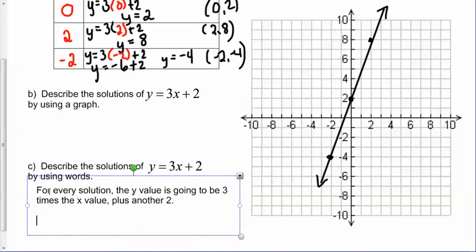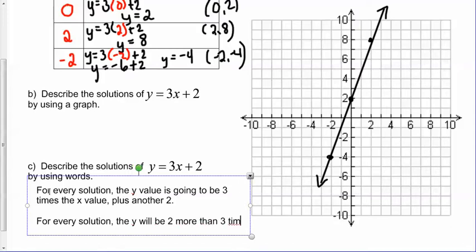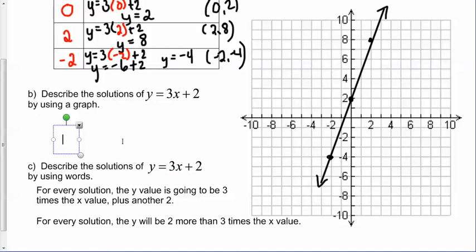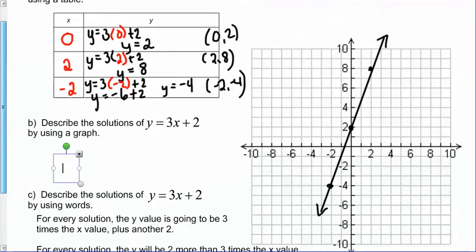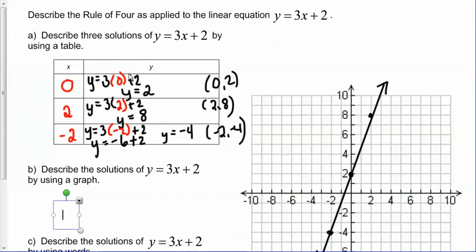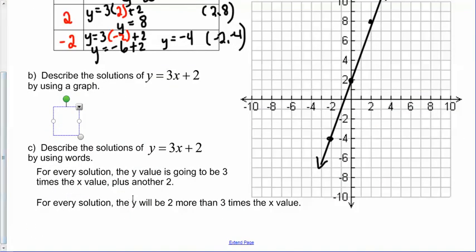We could also write, for every solution, the y will be 2 more than 3 times the x value. So that would be another way of saying exactly the same thing. Lots of different ways to write in words how the solutions are going to play out for us in these problems. So here we've used the rule of 4. We have this equation that we've described in equation form, in a table of values, with a graph, and also describing what's happening with it in words.